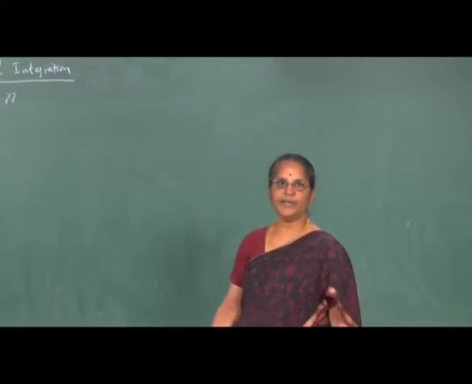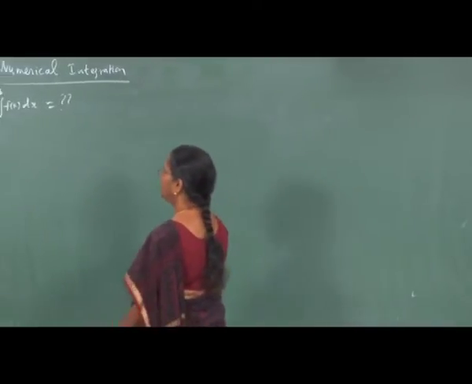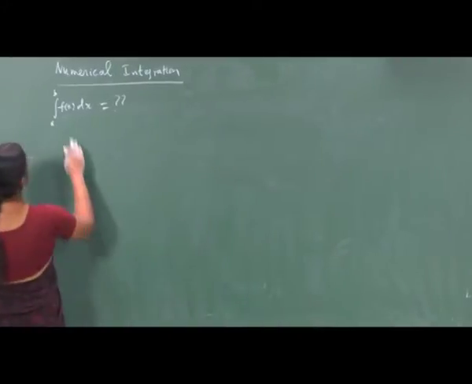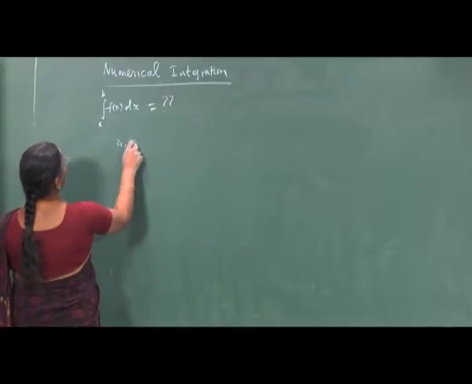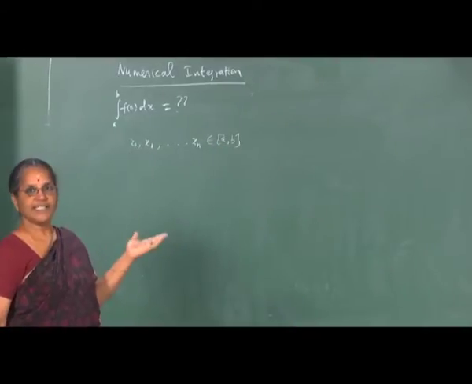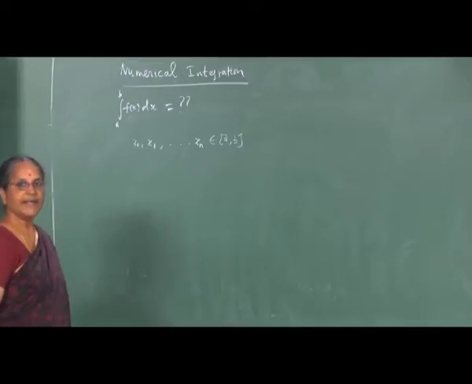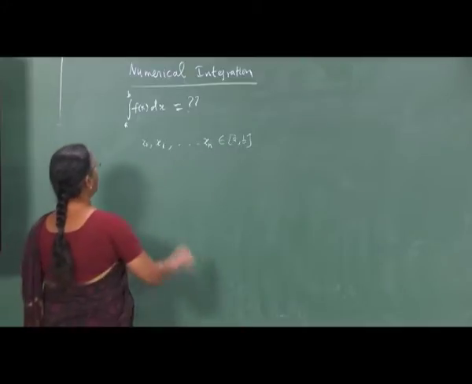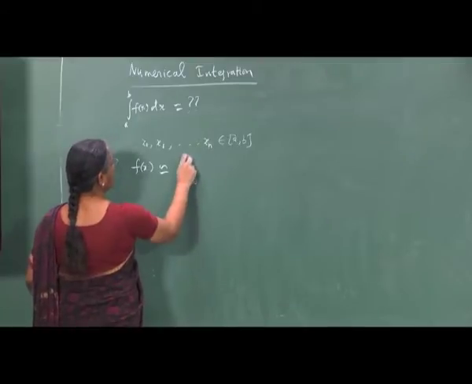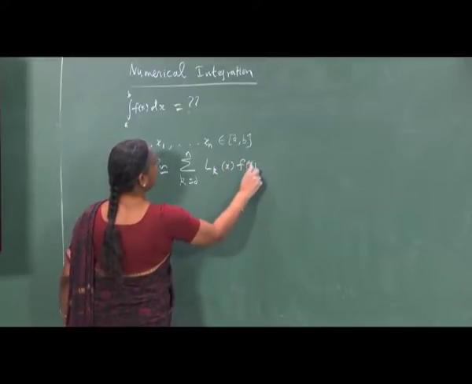Here again polynomial interpolation comes to our rescue. Suppose say we are given integral a to b f of x dx which has to be evaluated. Then we can choose points x0, x1, x2, etc., xn in this interval a to b, evaluate this integral by approximating this function f of x by an interpolating polynomial such that f of x is sigma k is equal to 0 to n L k of x into f of x k.